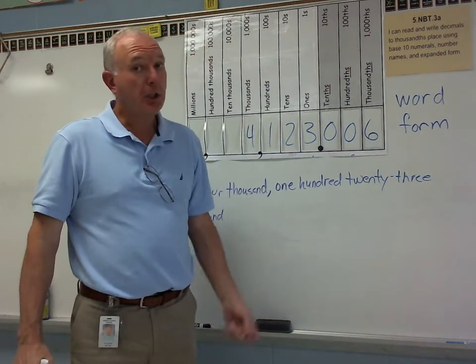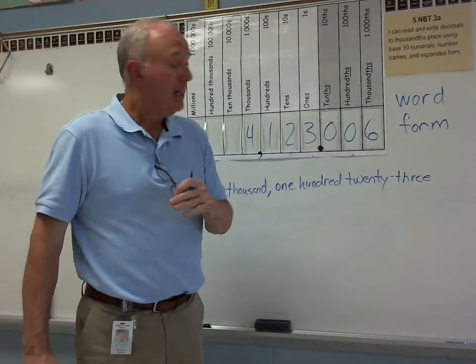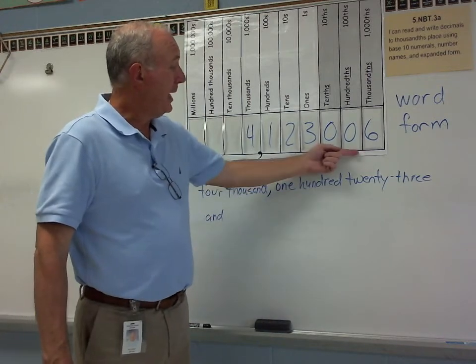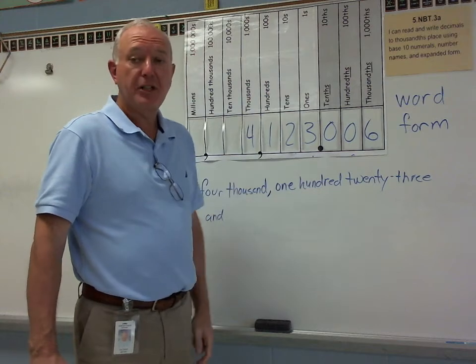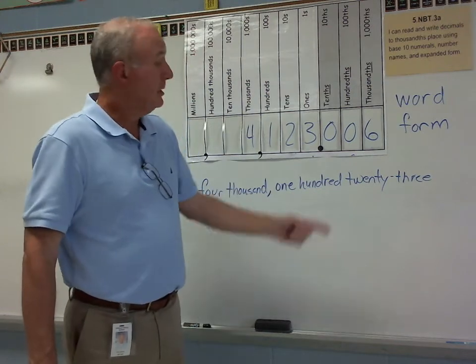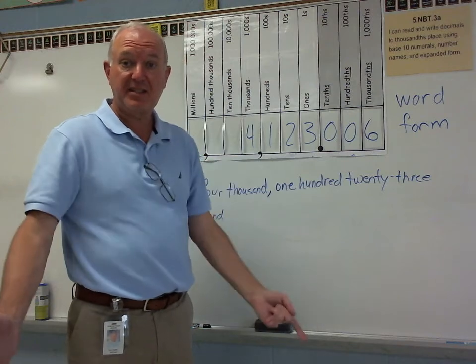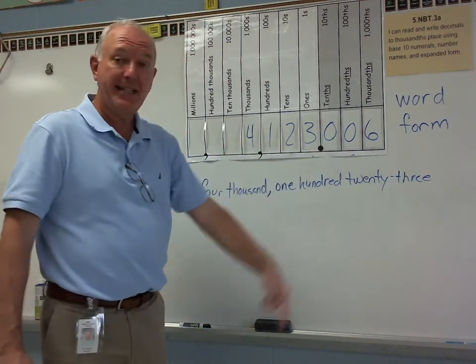How do you say that? Well, you don't say 006. You just don't say that. Just like you don't say 0 and 68 cents. If it's behind the decimal point and there are zeros in front, just don't even mention them. This is just 6. 006 is just 6. Okay? 4,123 and 6.